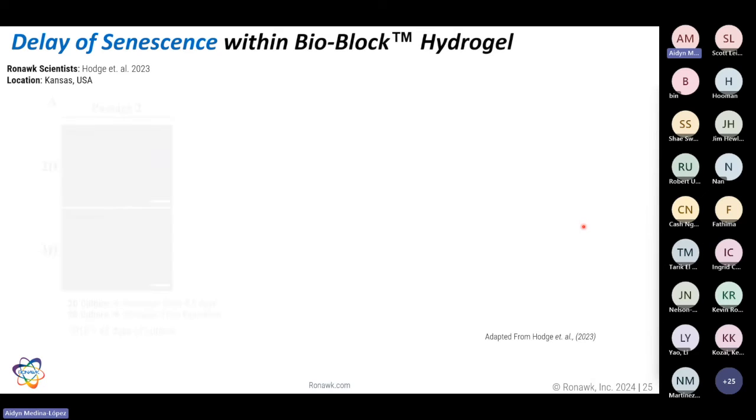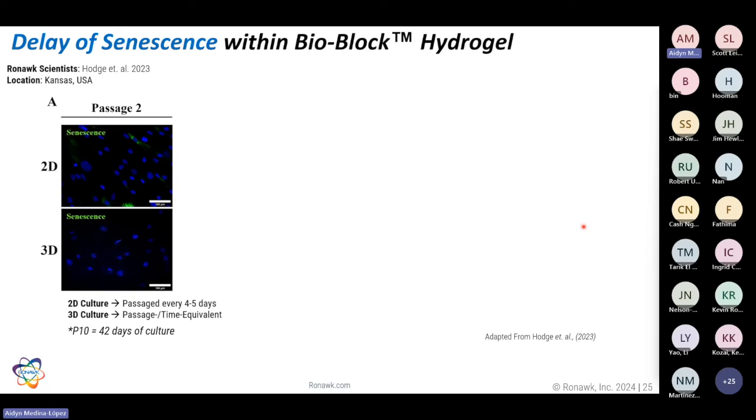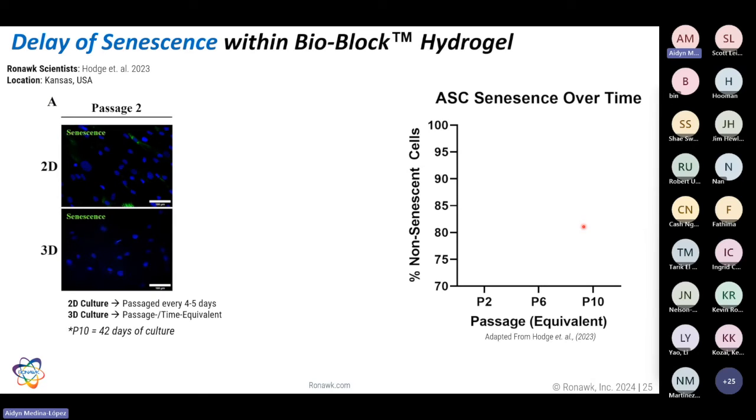And what we see is that we did a quantification of fluorescence for senescence, and we cultured the cells for different periods of time. So we cultured the cells both in a 2D environment, in this case, a 6-well plate, while also culturing the cells in our product, the BioBlock.